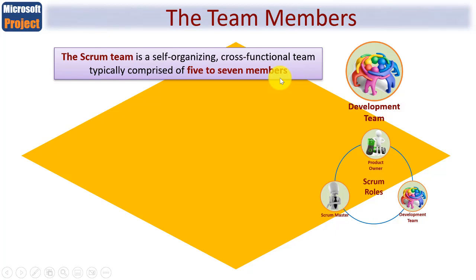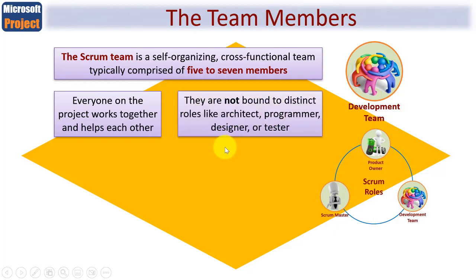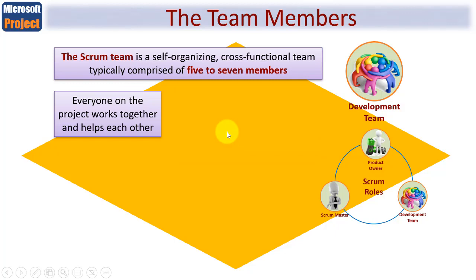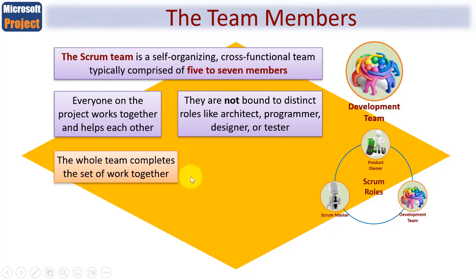And everyone on the project works together and helps each other. It really is in the spirit of self-management and self-empowerment. And members of the team are not bound to distinct roles such as architect, programmer, designer or tester. And as I've suggested, it's the whole team who completes the set of work together in a cohesive manner.